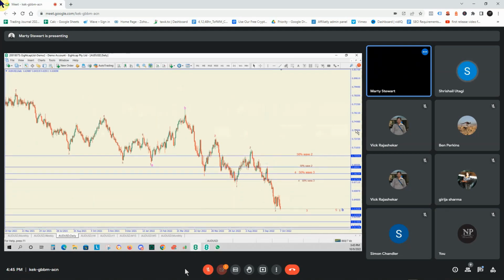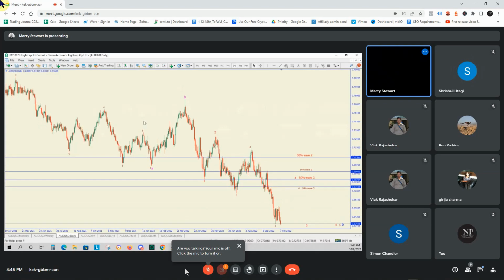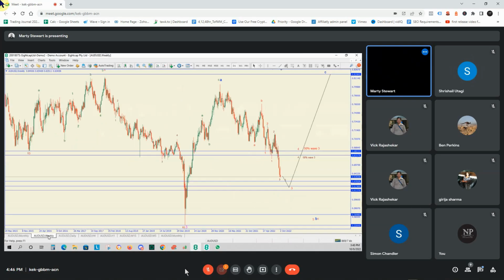Daily, as we can see, a 1, a 2, a 3. It's still not finished yet. We've still got time to move. So for the Aussie this week, I'd probably look for a short to the downside, but only a quick one before a strong reversal. Because on these bigger time frames here, we could see a very strong move for quite some time.